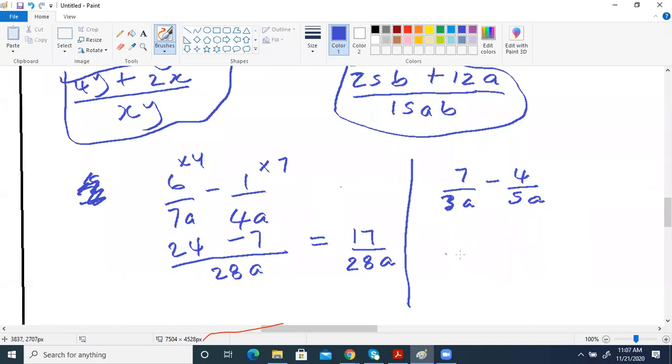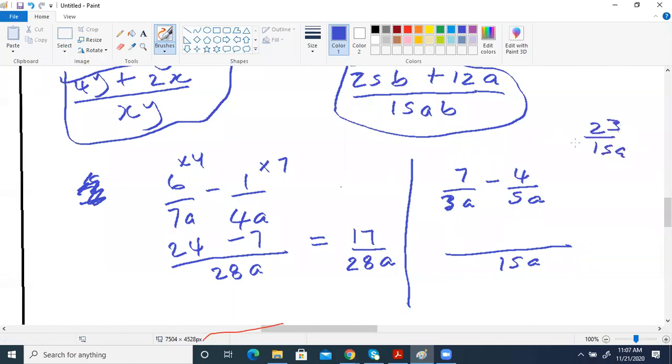All right, so let's work it out. So this is 15a. 3 into 15 is... wait there. Oh, sir, 23 over 15a. Sorry, it's 23 over 15a.